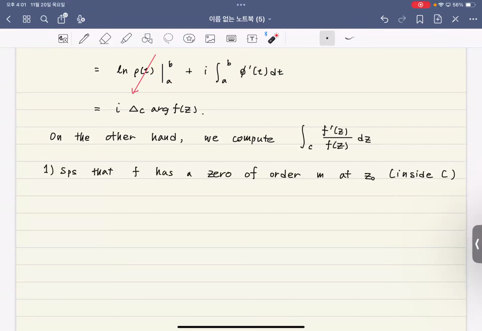So suppose that f has a 0 of order m at this point. Then in order to compute this integral, we will need to consider the residue of this function at this point.